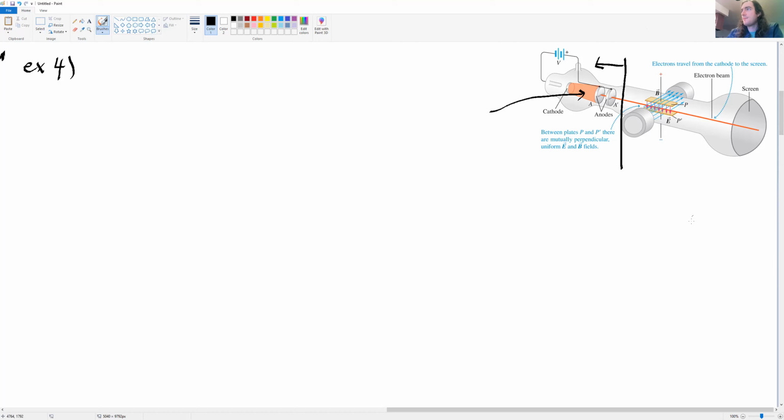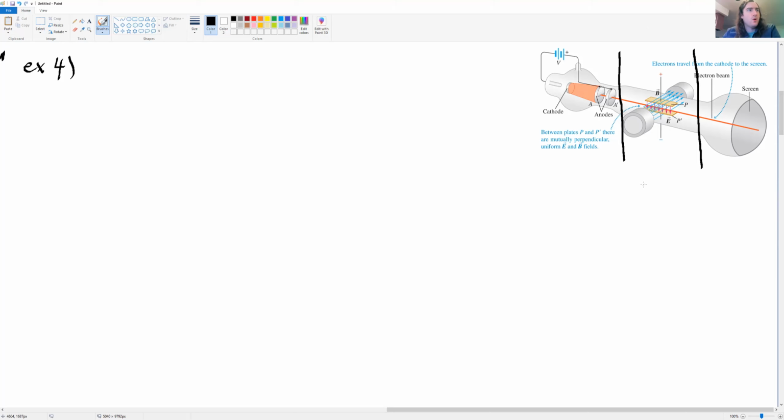And so now we can take a look at the next part of the device, the middle part, and that's what we're going to look at now. You can see that we have a magnetic field and an electric field in this part.